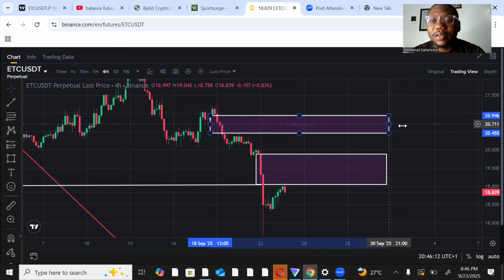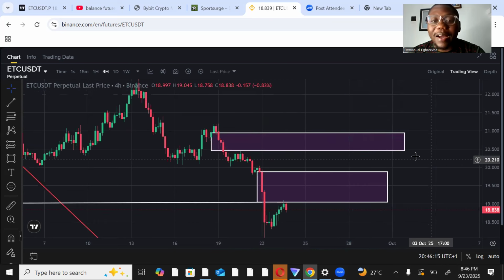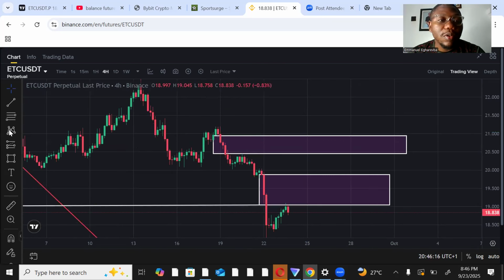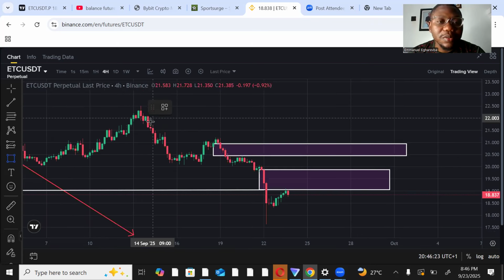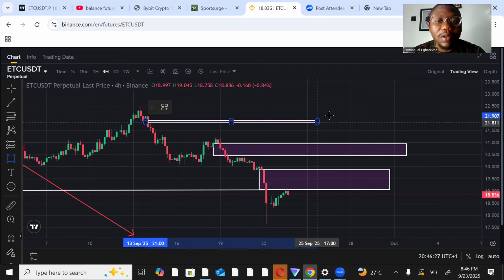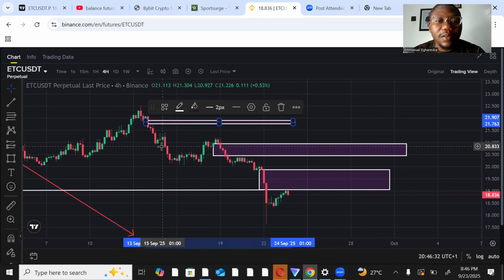Just map them out and wait for price to get back into that range. We have another one here. Inefficiencies. You see how trading is? It's so simple, so you don't need to complicate things. We have another one here. These are areas on your chart that price will likely come back to.